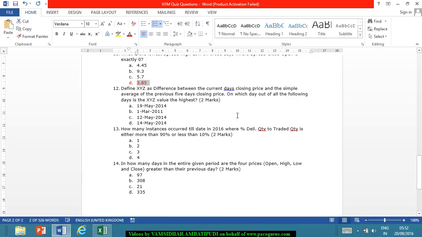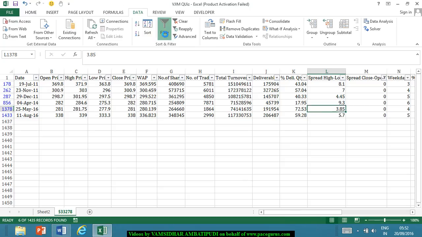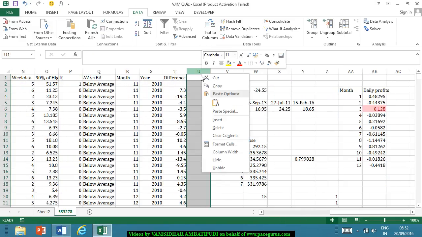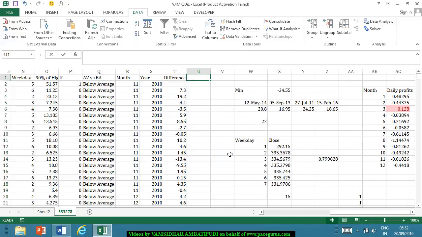Then define XYZ as the difference between the current day's closing price and the simple average of the previous 5 days closing price. So what is that? XYZ. So I'll define a new column called XYZ, which probably initially I'll not have the value because I need to take it as a difference between the closing price and the average of the previous 5 days closing price.